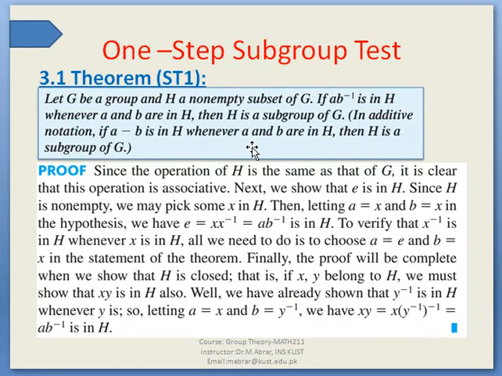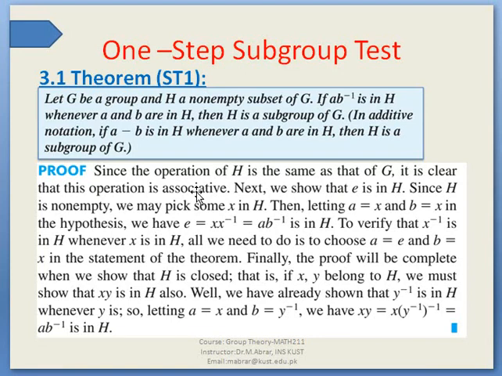The proof follows from the definition. We will prove the four axioms of group. Since H is a subset, it satisfies the associative law, so there is no problem with associativity.